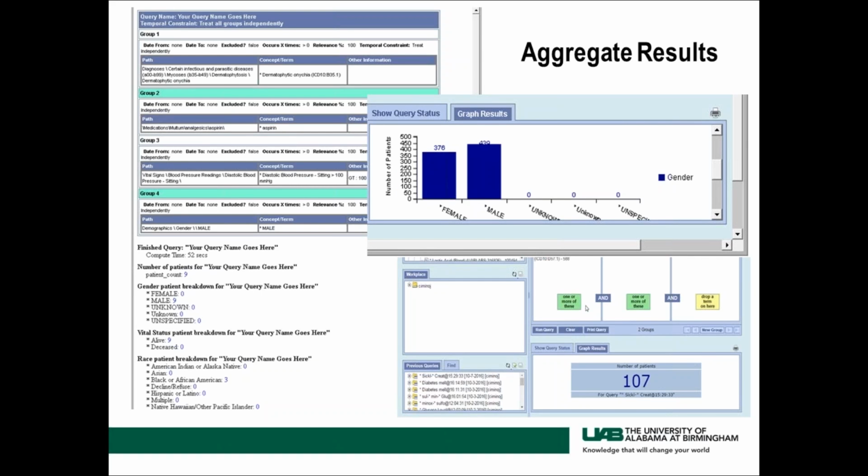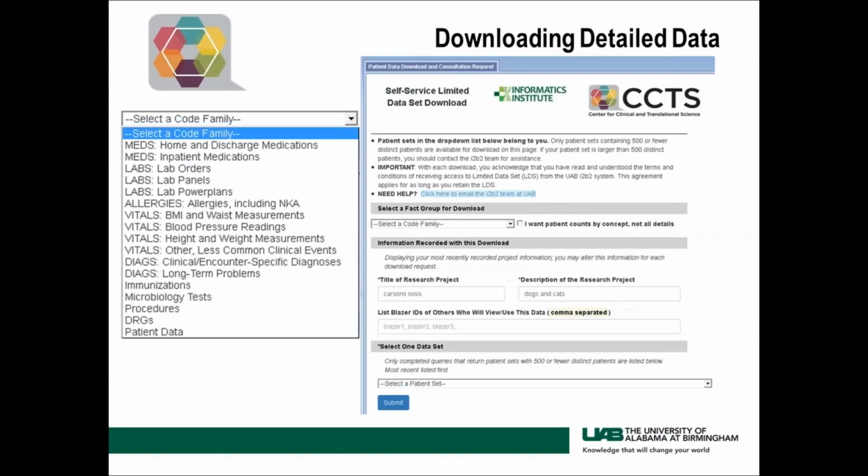Now all of this is oriented towards aggregate results. This is information about a number of patients. So we have extended i2b2 to also include the ability to download individual patient-level data. And you can do that by basically filling out a form so that we can track the release of a limited data set and choose what type of information you're looking for.